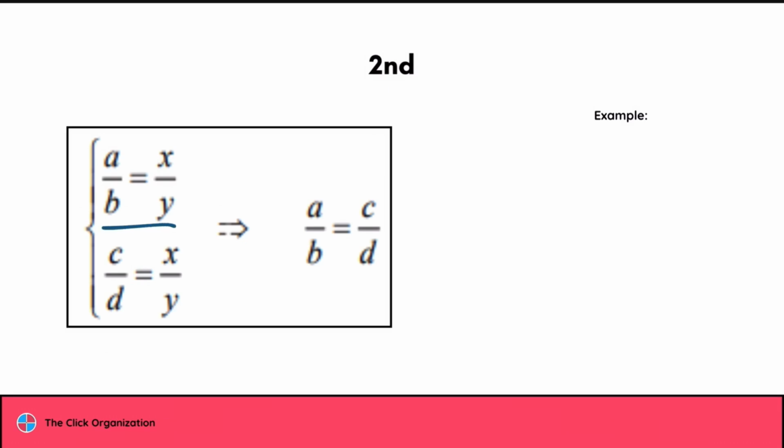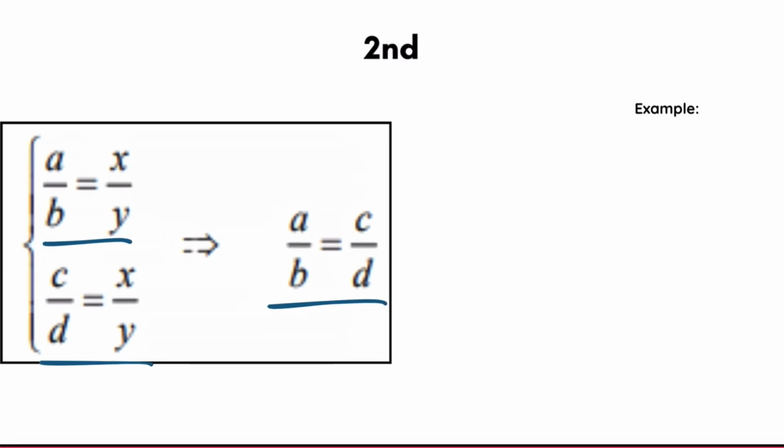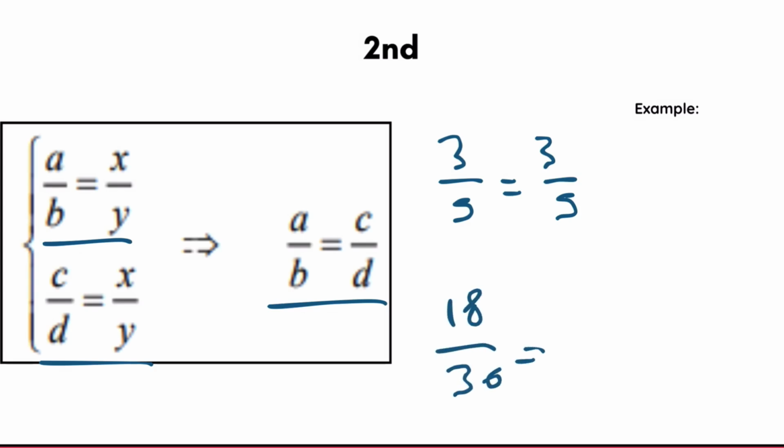C divided by D equal to x divided by y. We know that A divided by B is equal to C divided by D. So this is basically like this, for example, 3 divided by 5 equal to 3 divided by 5, or 3/5. And 18 divided by 30 equal to 3 divided by 5, okay?